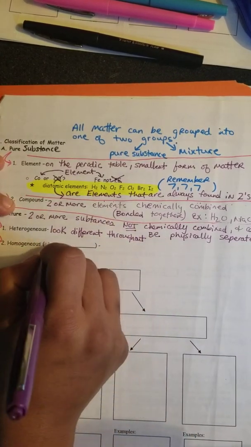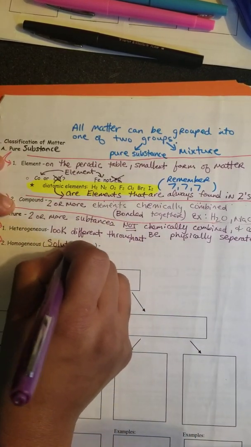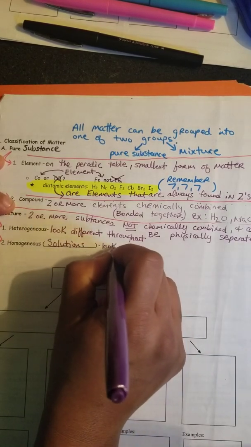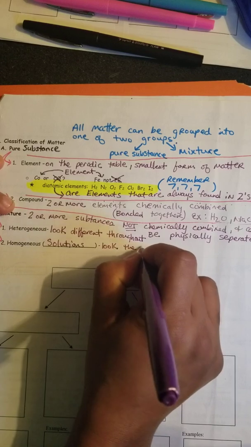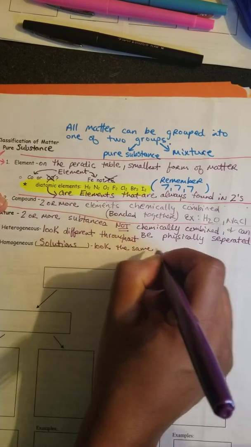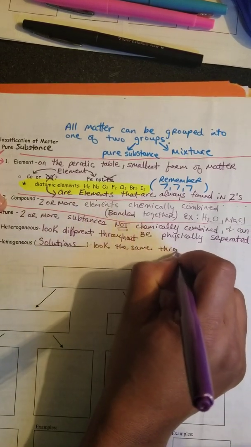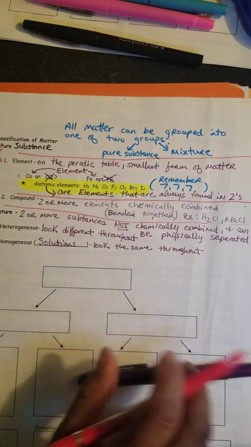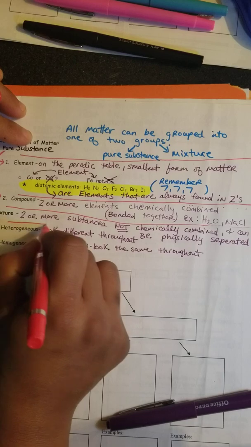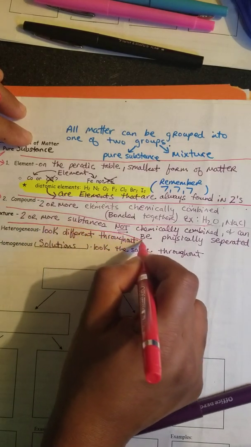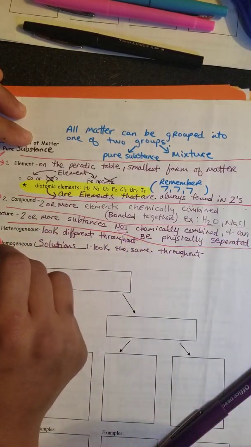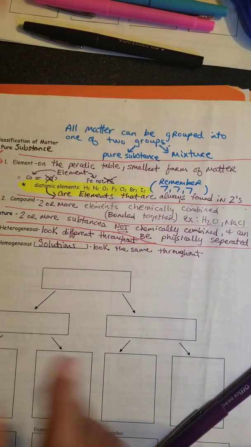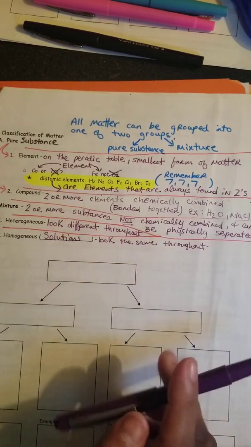A homogeneous, which are solutions, are going to look the same throughout. And just for my sake, I'm going to go ahead and separate the definition of mixtures and the definition of heterogeneous versus homogeneous. Just for me, that way I can have them all separated.